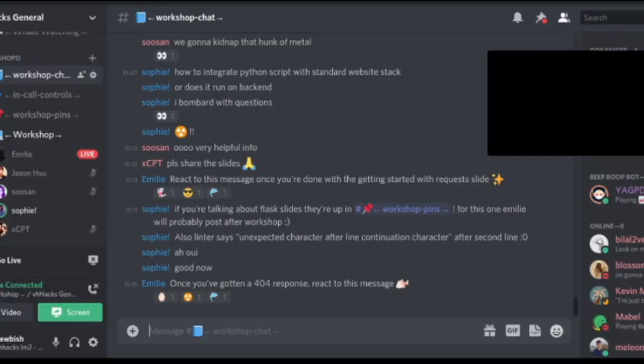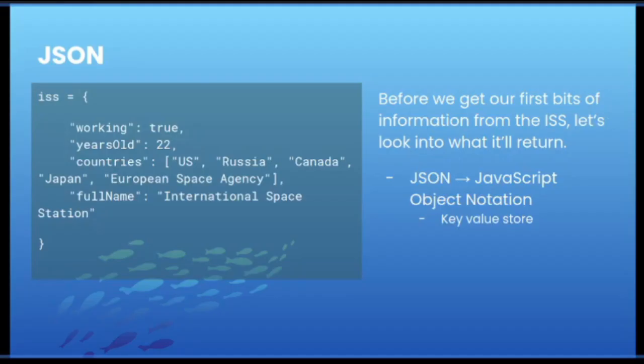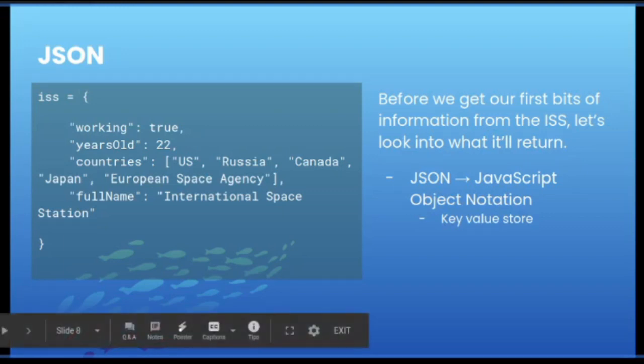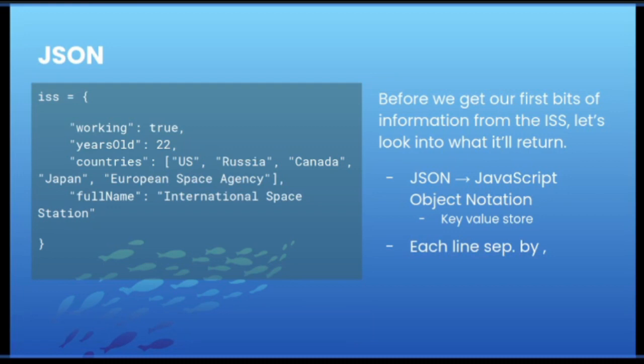If you're familiar with Python dictionaries, it's a similar idea of key and value, where, for example, in this object, working is a key and true is the value. Years old is a key and 22 is the value. Each line is separated by a comma, and these can give you booleans, which are true or false, numbers, lists like US, Russia, Canada, Japan, ESA, strings like International Space Station, and more.